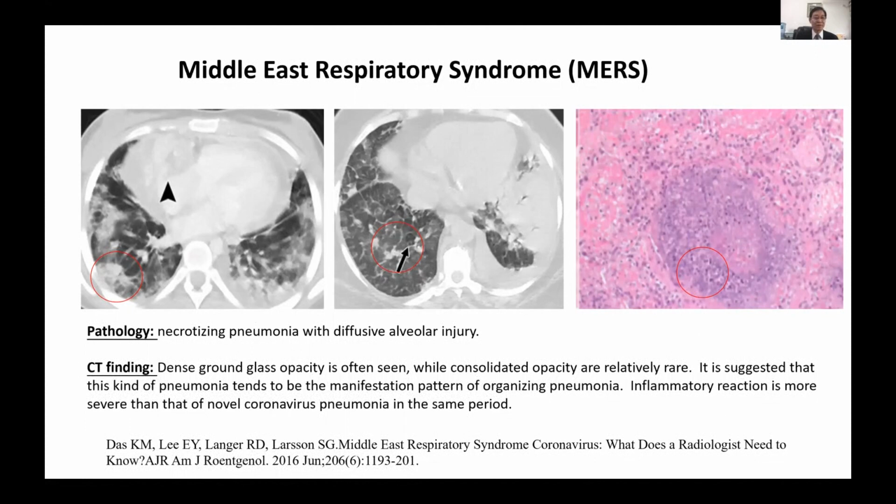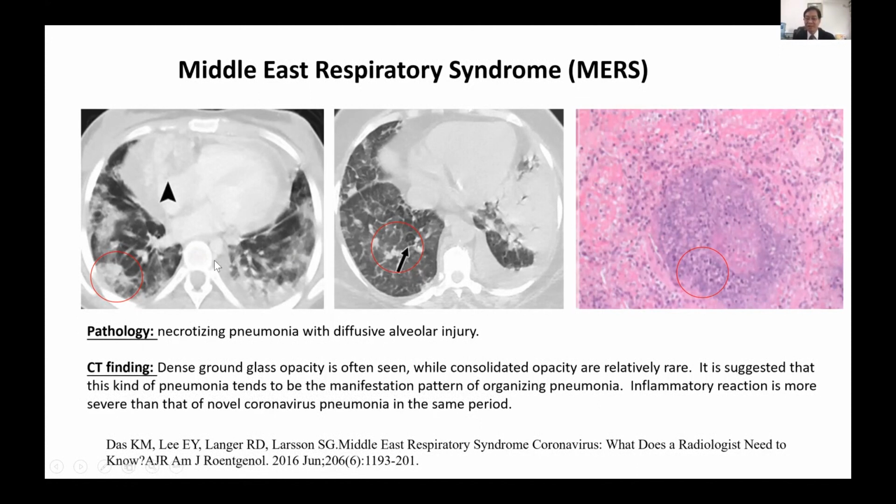This case shows you Middle East respiratory syndrome. CT manifestation shows ground glass density opacities, where consolidation opacity is related.